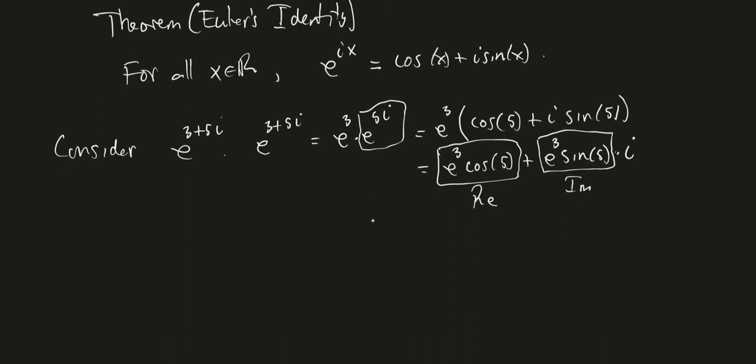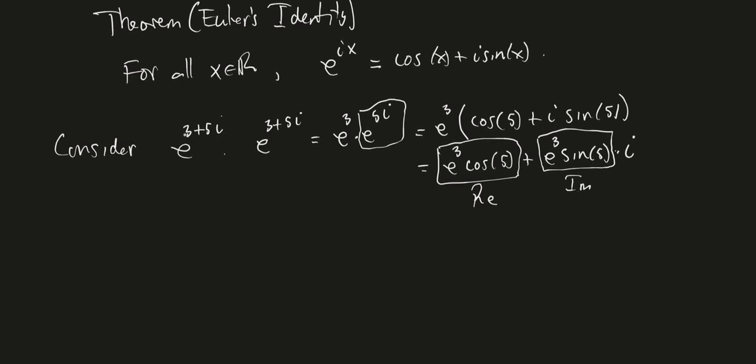And the interesting thing is, there was nothing special about using 3 and 5. I could say, well, what if I have something like x plus yi? So in other words, if I had e to the x plus yi, I could do the exact same thing. I could write this now not to get a number, but to actually get a function or functions, right? It would look like this. I would have e to the x times e to the yi.